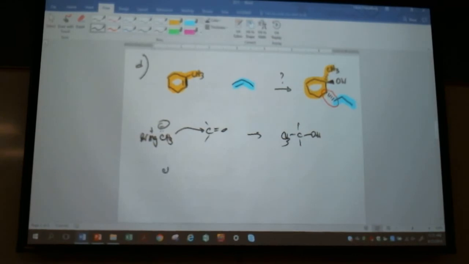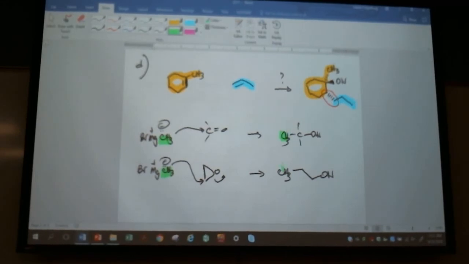But Grignards can also attack, for example, epoxides. And now you would have two carbons in between whatever is coming from the Grignard and the OH, right? One carbon in here, two carbons in here, and then the OH.